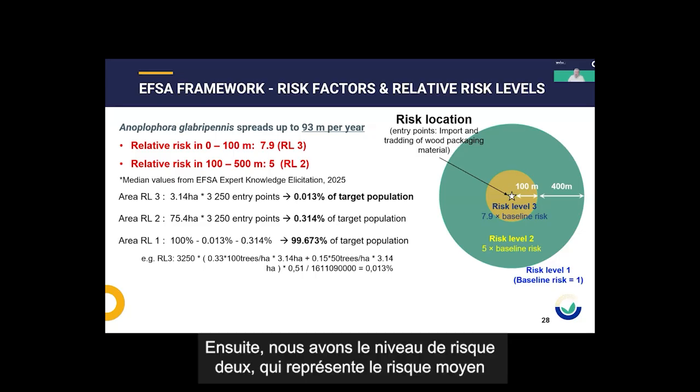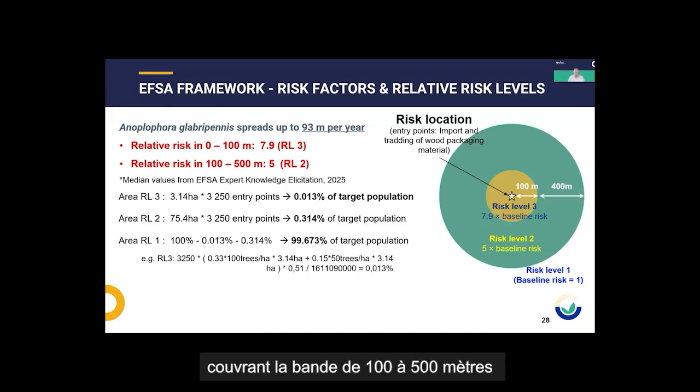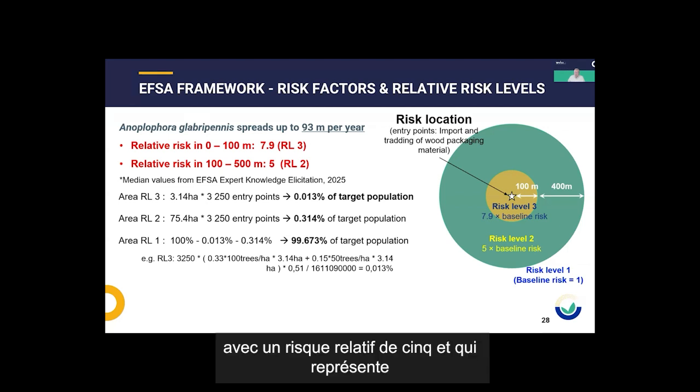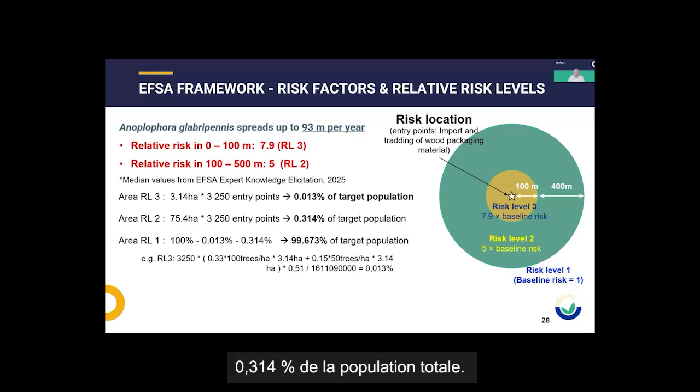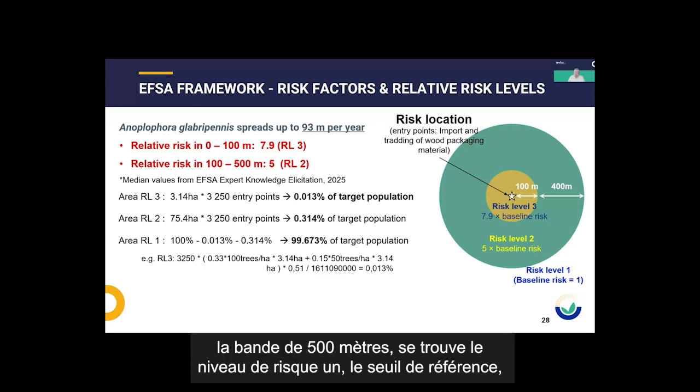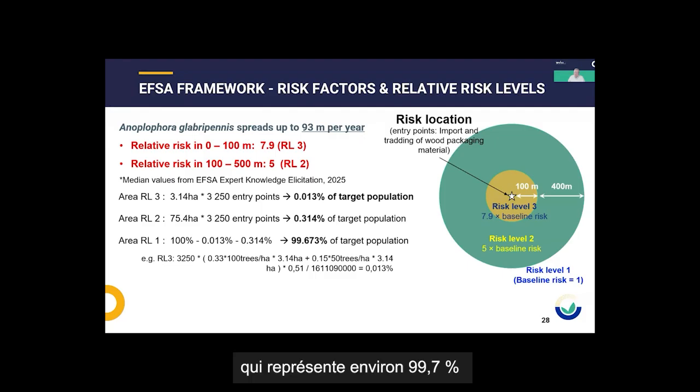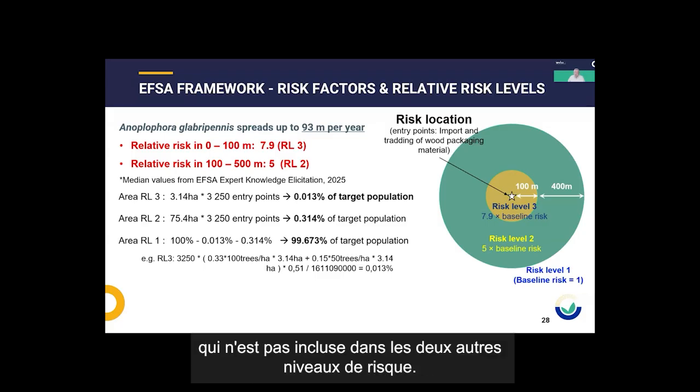Then we have risk level 2, the medium risk, that covers the band from 100 to 500 meters with a relative risk of 5 and represents 0.314% of the total population. And then beyond the 500 meters band is risk level 1, the baseline, and represents around 99.7% of the population, the rest of the population that is not included in the other 2 risk levels.